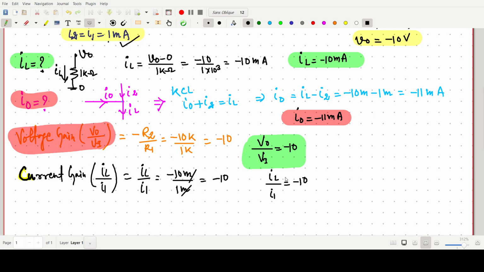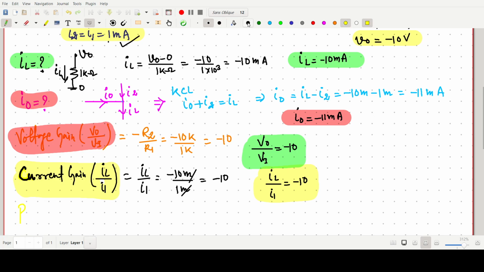IL by I1 is also minus 10. This is an important result. Current gain. Okay, now we have to find the power gain.